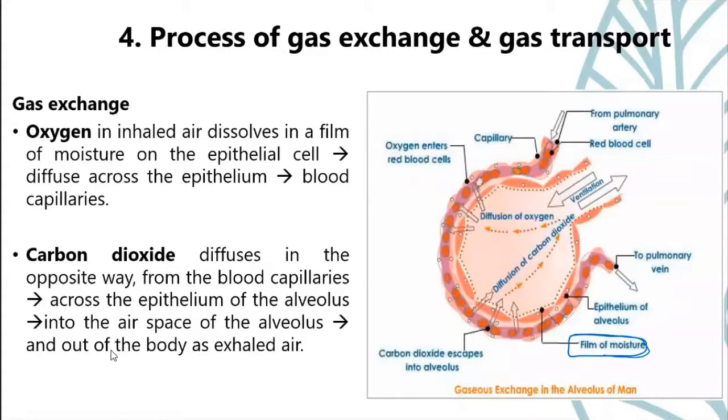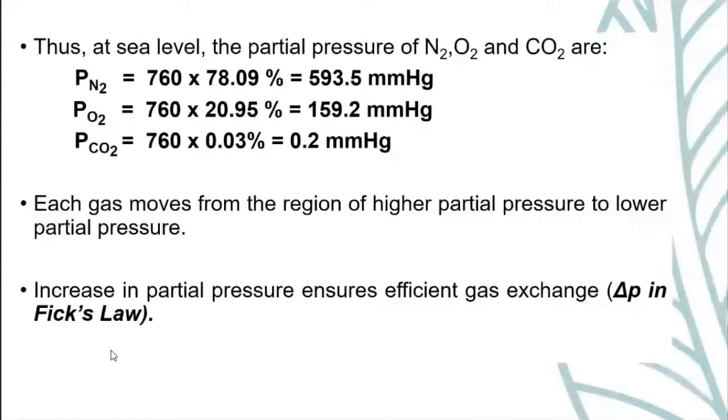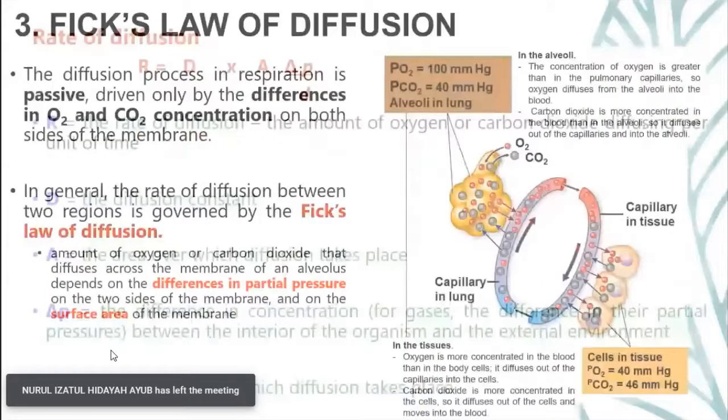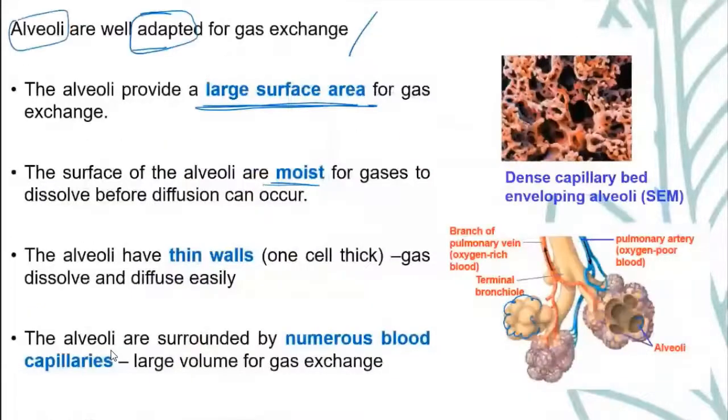It cannot diffuse directly. So the surface of the alveoli is moist. There is the thin film of moisture for gases to dissolve before diffusion occurs.